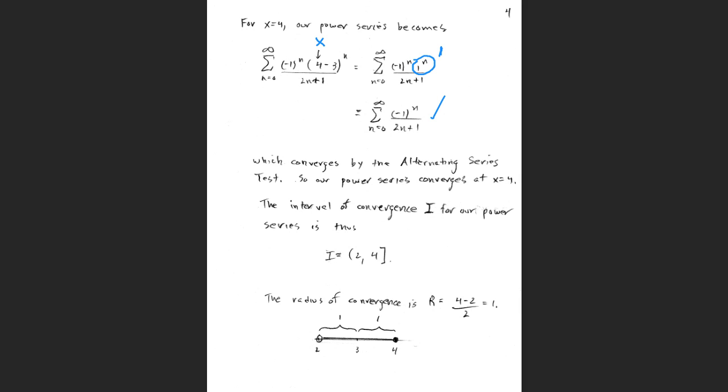And so we end up getting the series from n equals 0 to infinity of (-1)^n over 2n plus 1. That series converges by the alternating series test. So there, b sub n would be 1 over 2n plus 1.